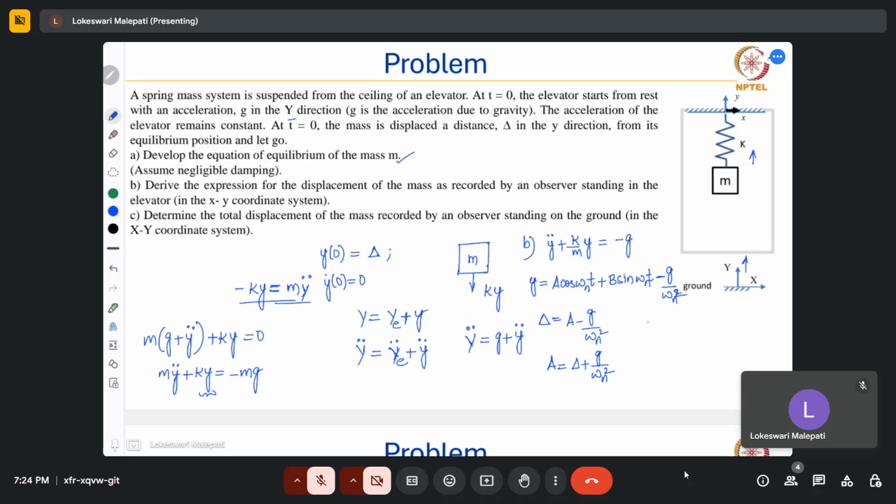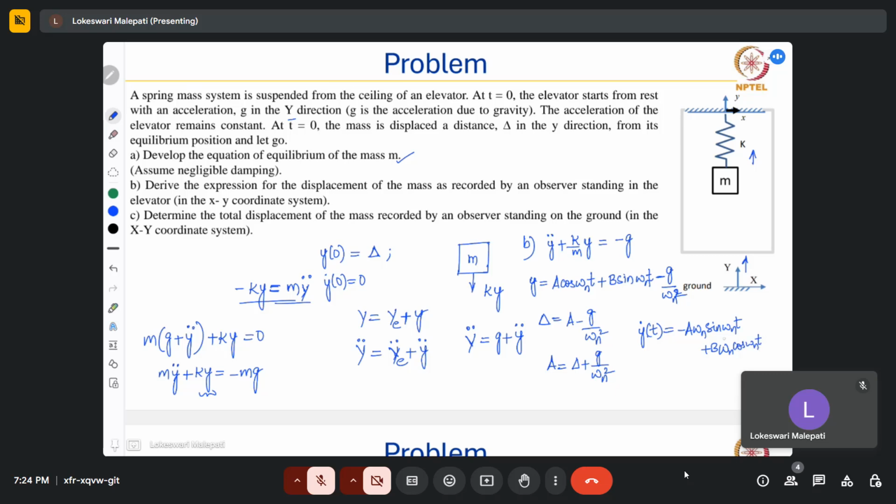Also if we again differentiate, y dot of t is equal to minus a omega n sin omega n t plus b omega n cos omega n t.